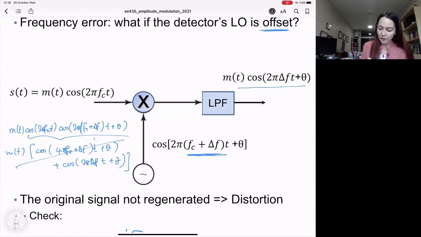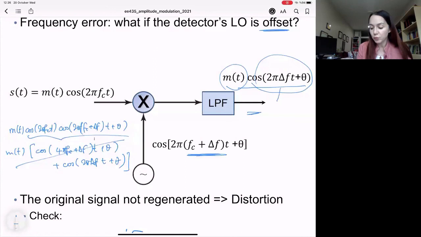this remaining. So it is the message signal sort of modulated by annoying, very low frequency components. If this was voice transmission, if M of t was voice and we're listening to the output, the delta F modulation would be annoying.